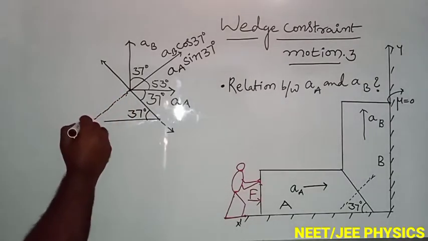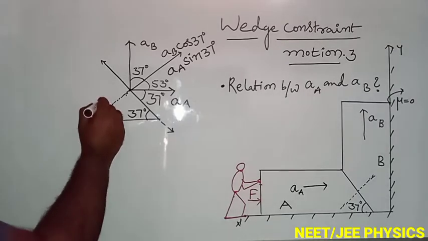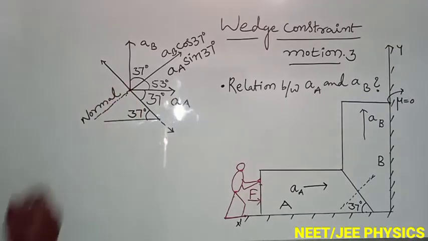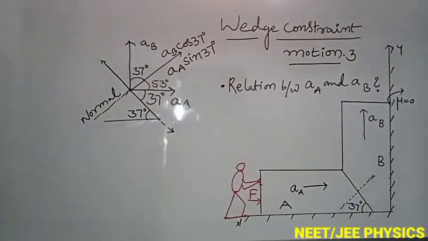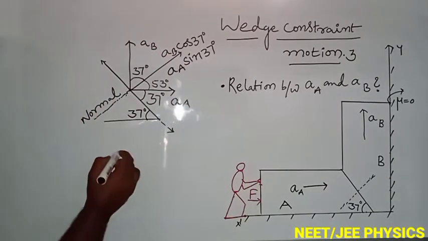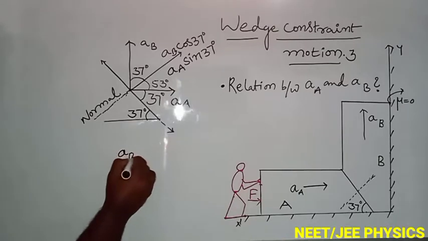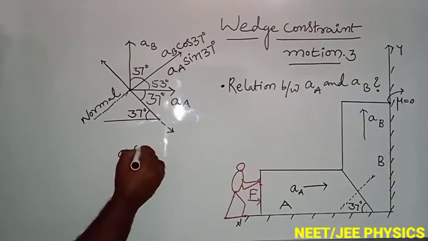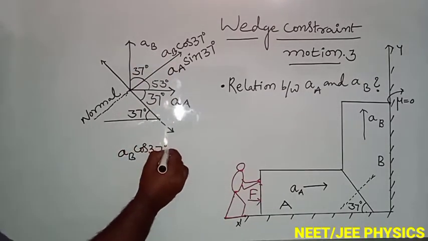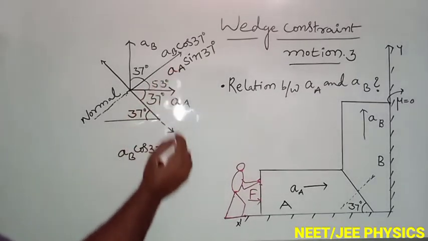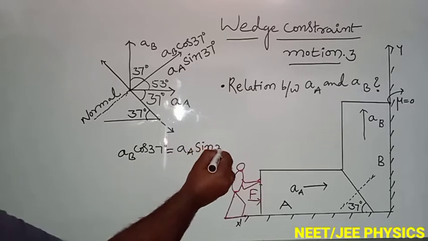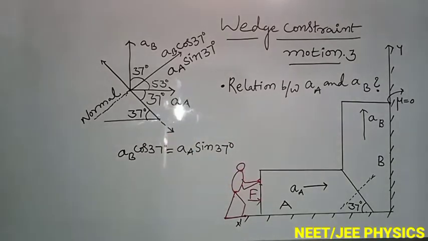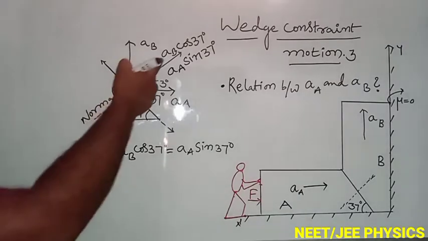That means the normal direction component is the same. The two accelerations along the normal direction are the same. That's why we can equate these two: acceleration of B cos 37 equals acceleration of A sin 37, both at 37 degrees, along the normal of this common surface.